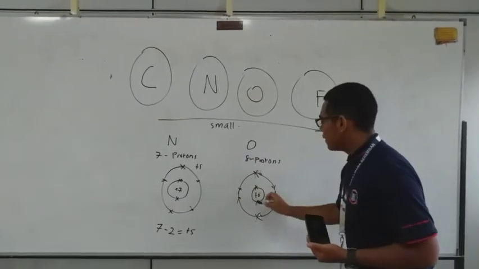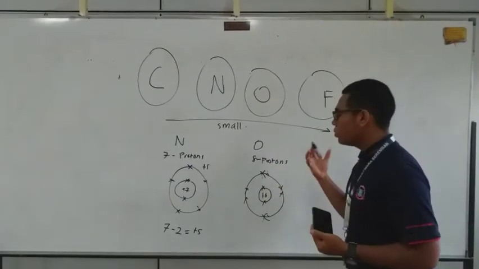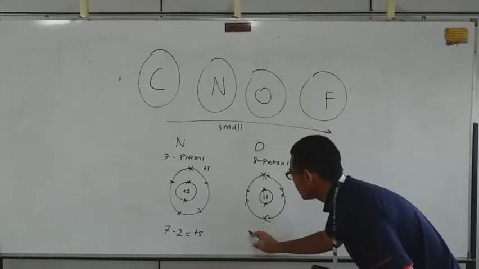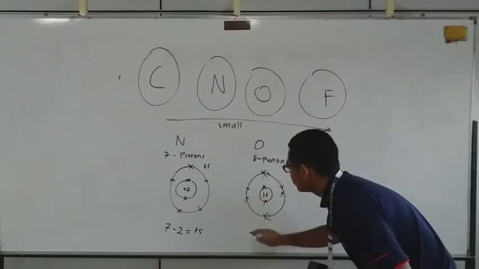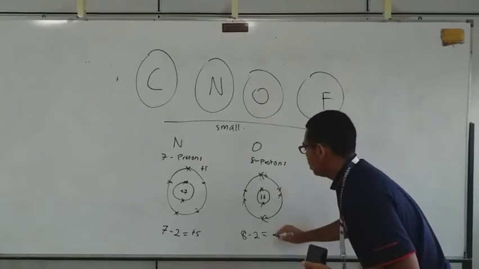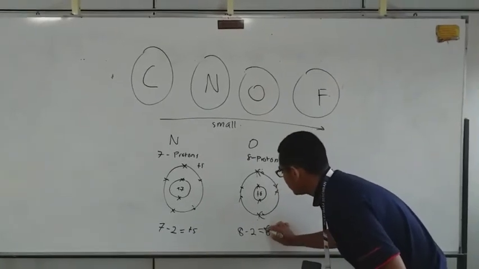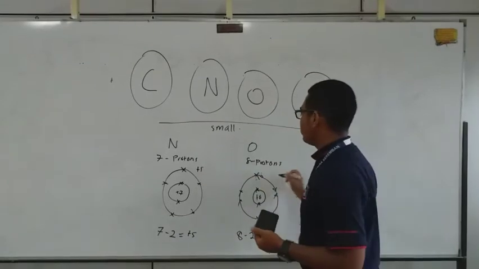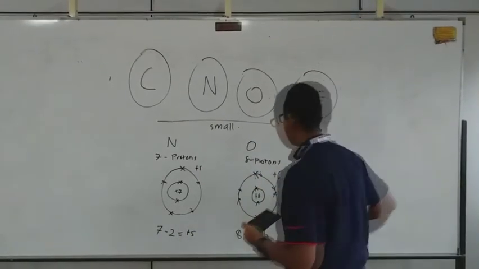How do we get the effective nuclear charge? 8 minus 2 equals +6. So here is +5 and here is +6.